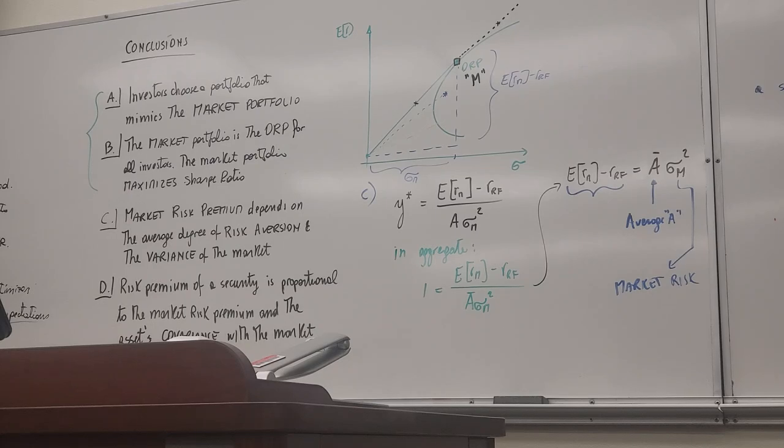So the equation that links betas to returns in this setting is risk-free plus beta times the expected market return minus risk-free. So just replace the numbers and that's it. Risk-free is 2, beta is 0.75, and the expected return on the market is 14.